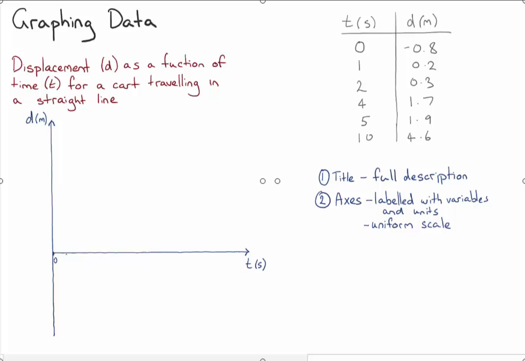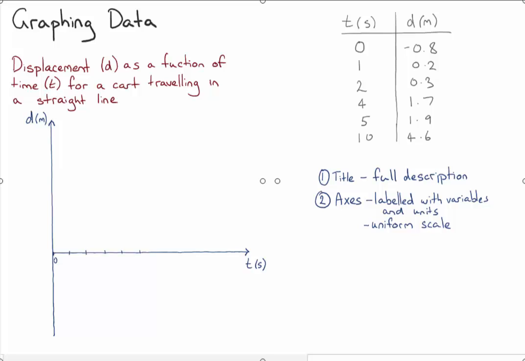So here's 0, 1, 2, 3, 4, 5, and 10. Now you can see that each of those time points has a different spacing between them on these axes. So this axis does not have a uniform scale. So we're going to remove that. So rub it out, and start again.